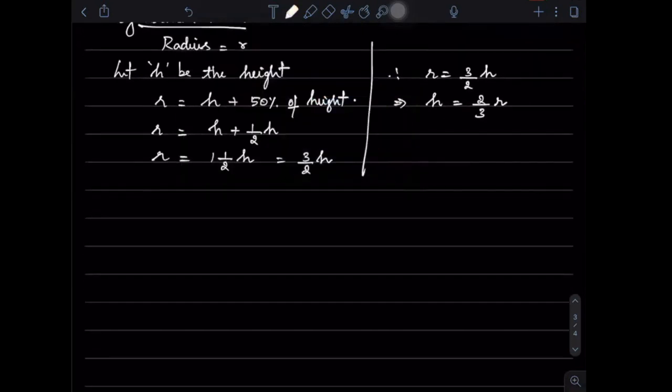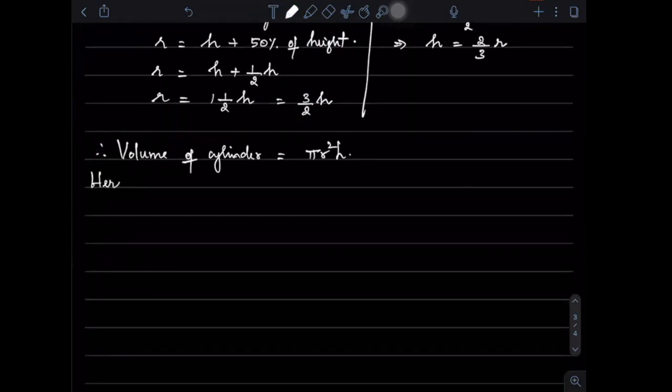What's the volume of the cylinder? Volume of cylinder is equal to pi r square h.